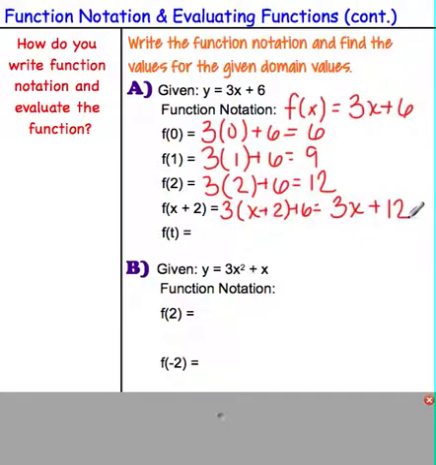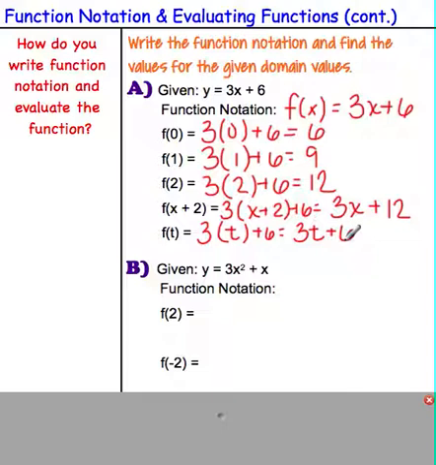And finally, we want to evaluate f of t, which simply means we're going to put in t in place of x. That really simply changes the x to a t to give us 3t plus 6. So what I want you to do now is take some time, push pause on the video, and fill in B, and then when you are done, press play and check your work.